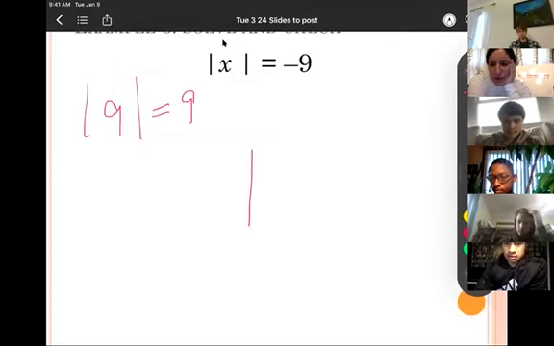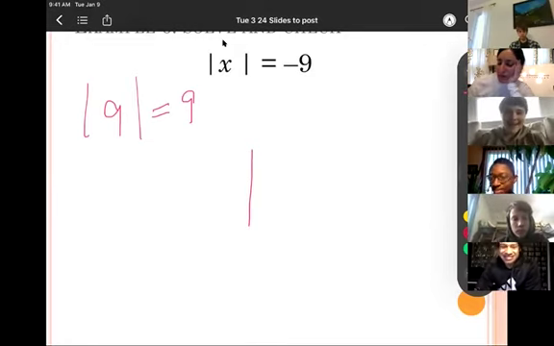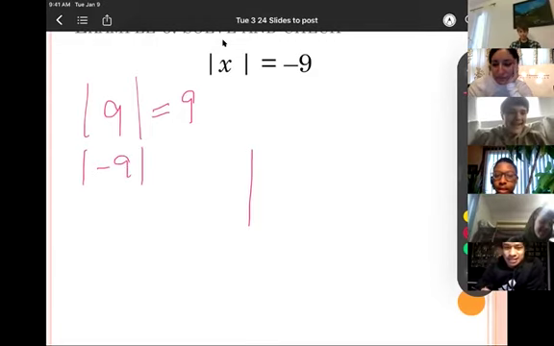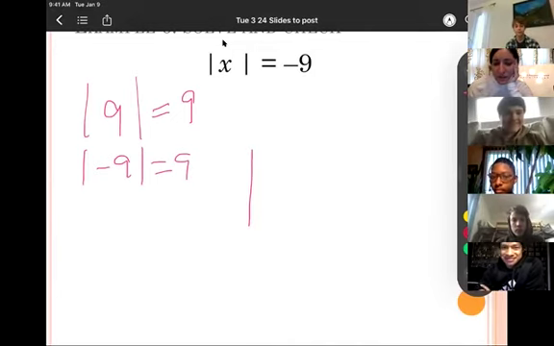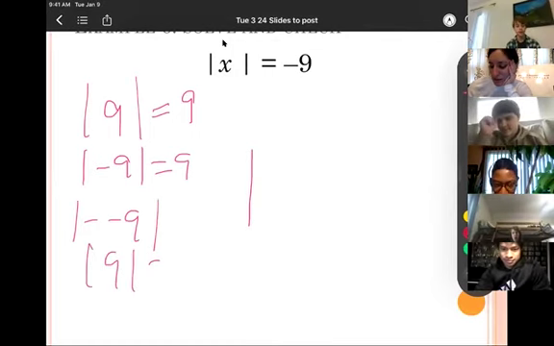Are you allowed to just randomly put negative signs places? No. What if I do -9? The absolute value of -9 is just 9. So what's the answer to this question? Negative 9 gives me 9.